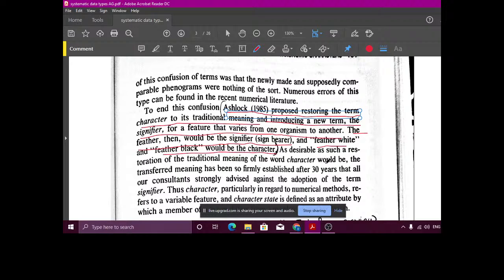So the signifier became the character state. The feather became the signifier, and white feather and black feather became the character.